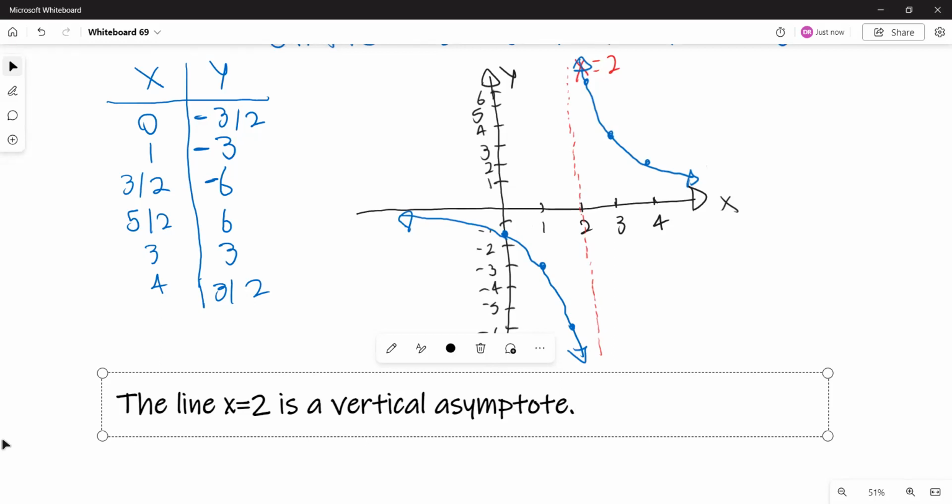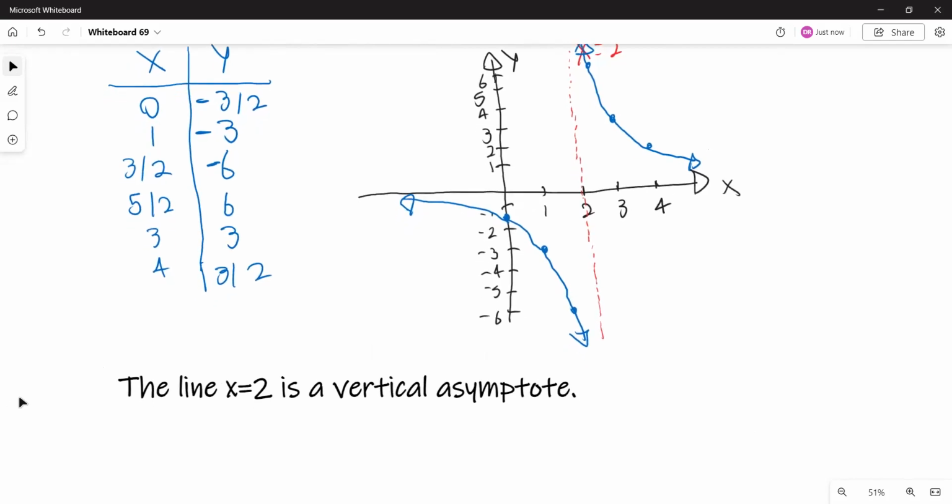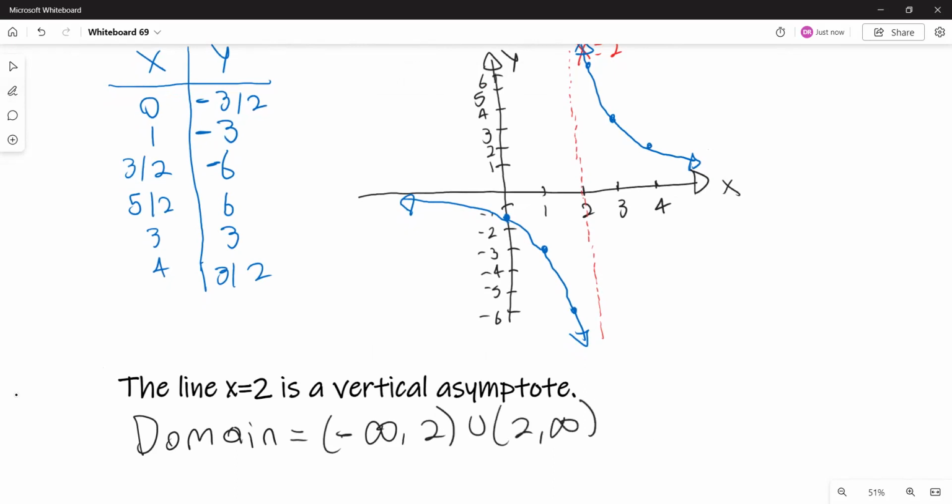The domain is now going to be everything but 2. That's the domain. So the function is undefined at 2, that's negative infinity to 2, union 2 to infinity. The range was not affected.